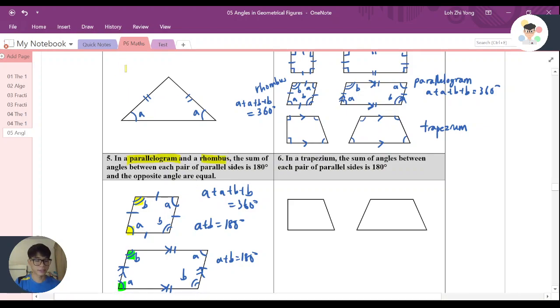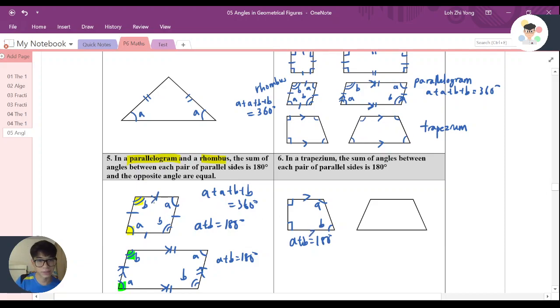Okay, and the last tips that you should know is that the sum of angles between pairs of parallel sides is 180 degree. Okay, so there's something that's similar, like here, add up together, or here. Let me just put here example. This is A, this is B. A plus B is also 180, but it's only on the side that is parallel.